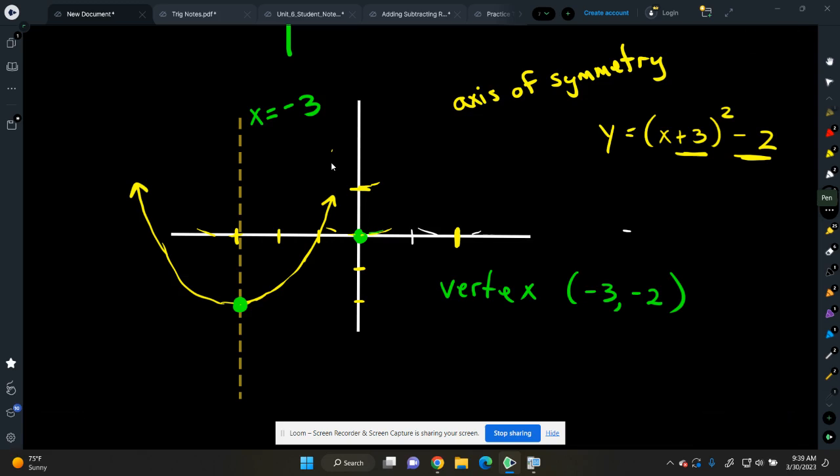So I've identified some key parts of that parabola. I identified the axis of symmetry and I identified the vertex. I'm going to give you one to do yourself. I want you to sketch where it is. Give me the axis of symmetry and the vertex.